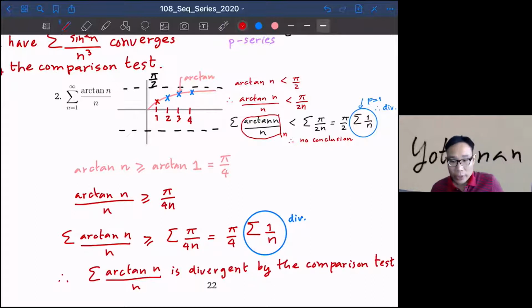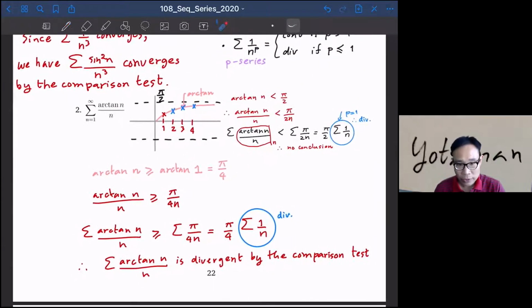Okay, so the hardest part for this test is that you have to find the series Bn on your own. If you are able to find this one, you will be able to reach the conclusion. It depends on the situation whether your series is higher than or less than.